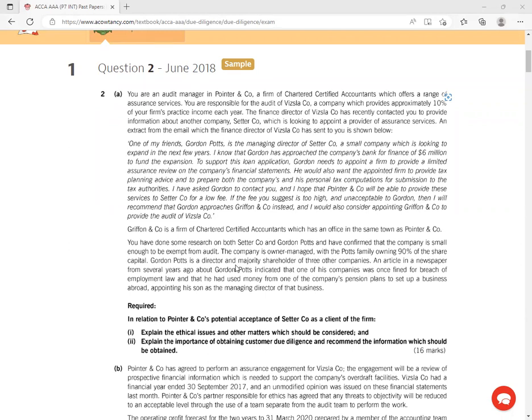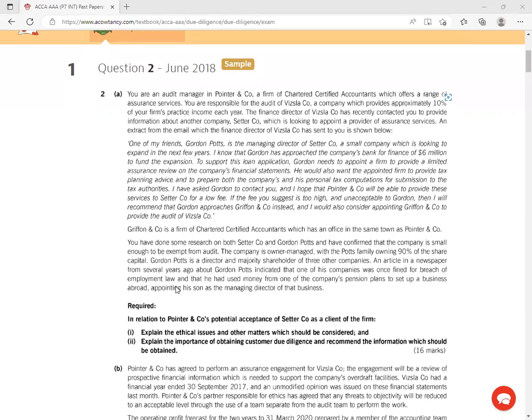Gordon Port is a director and a majority shareholder of 3 other companies. An article in a newspaper from several years ago about Gordon Port indicated that one of his companies was once fined for breach of employment law, and that he had used money from one of the company's pension plans to set up a business abroad.